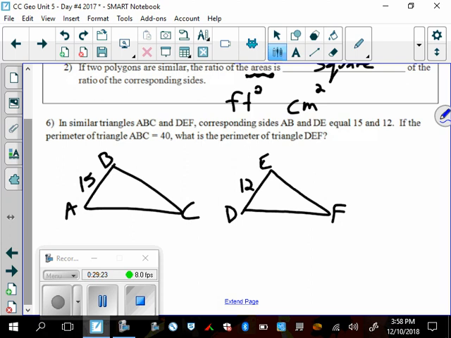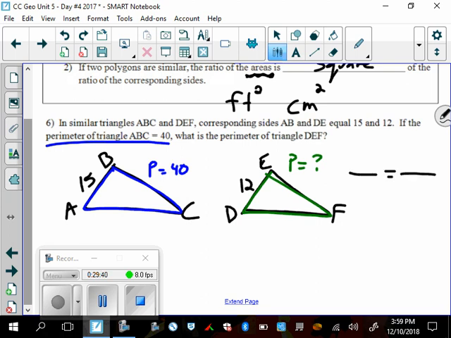But they tell me the perimeter of ABC is 40, so that adds all these up. And they want to know what is the perimeter of DEF. Because they have the same scale factor for perimeter, I can set these up in a proportion. If it was area, I'd have to square the scale factor in the proportion. So I could do 15 over 12 and then 40 over P.